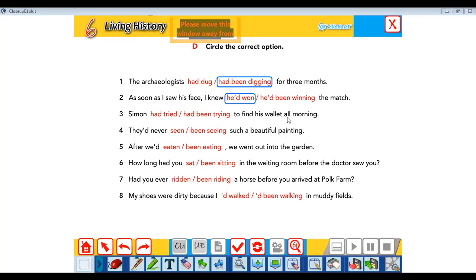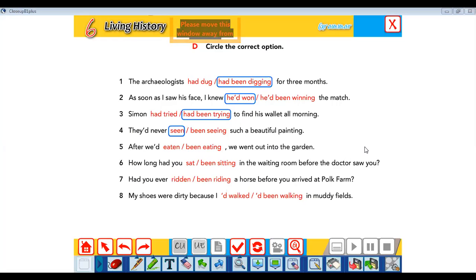All morning. So which one is the past perfect continuous: had tried or had been trying? Had been trying. Very good. Thank you, Hur. Yes, Raqia? Number 4. Seen. Very good. Seen. It's okay. Jasmine.